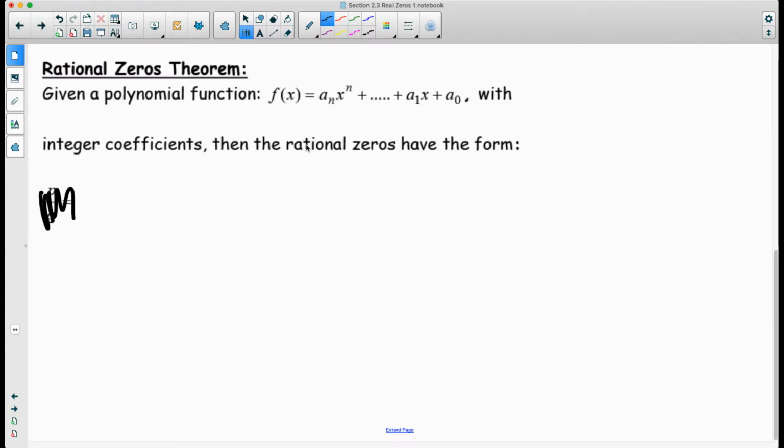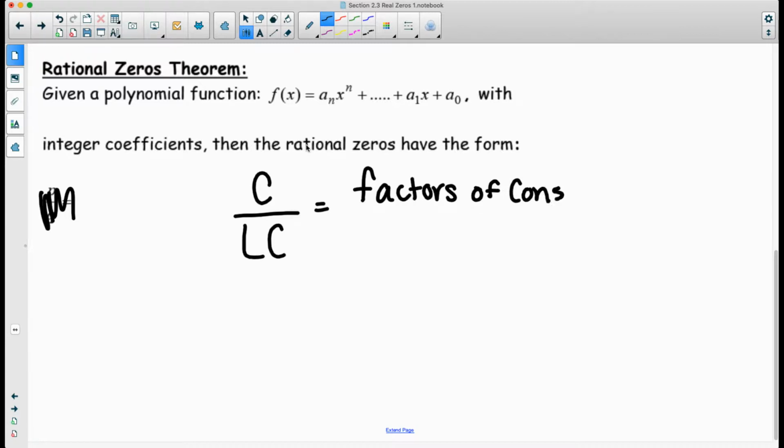So to find all the possible rational zeros, you're going to put all of your constant's factors over your leading coefficient, okay? So factors of the constant over the factors of your leading coefficient.